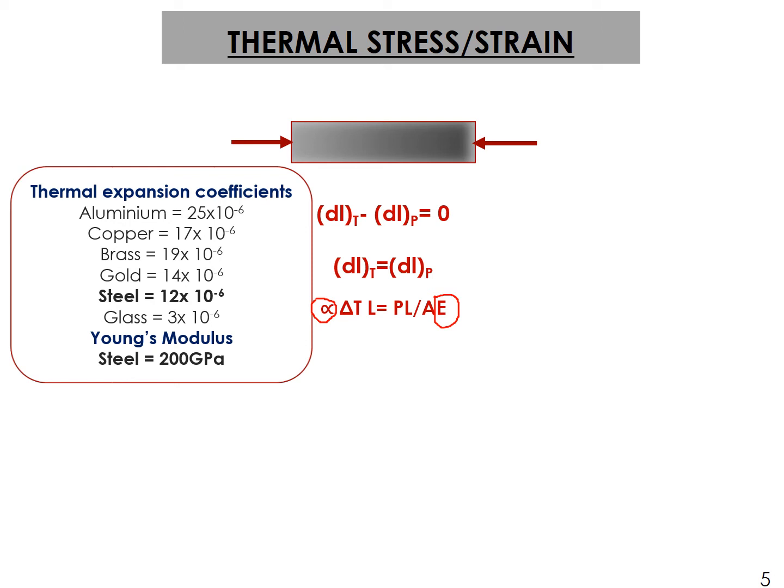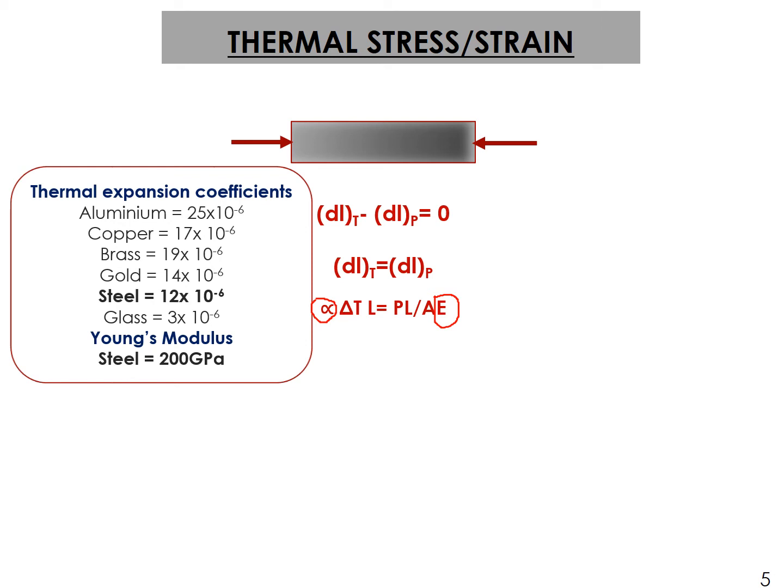From here we can see the expansion coefficient is in decreasing order. It means aluminium expands more compared with the rest of the materials, and glass has the least thermal expansion coefficient. So there is an extensive list, and we can use these values wherever they are desired.